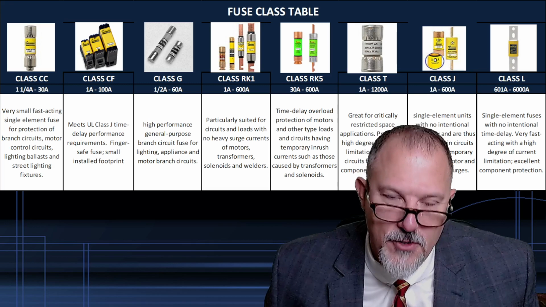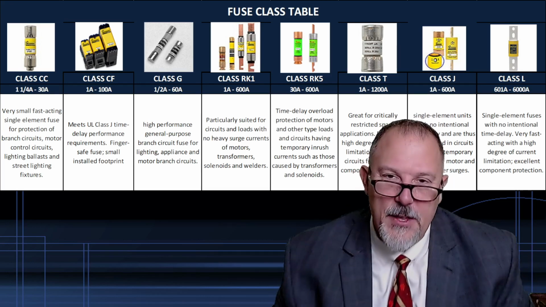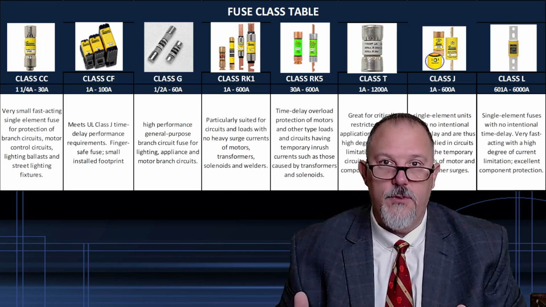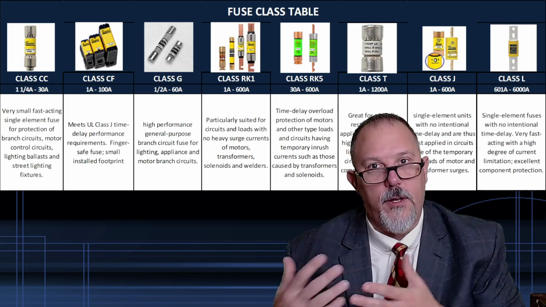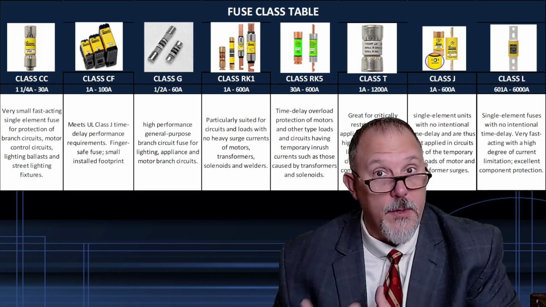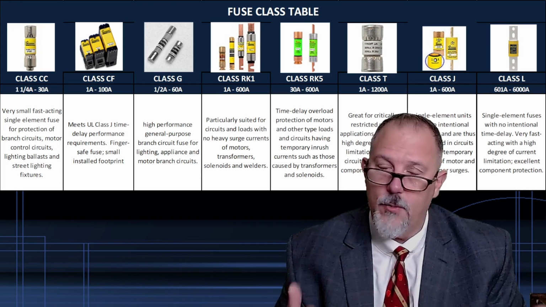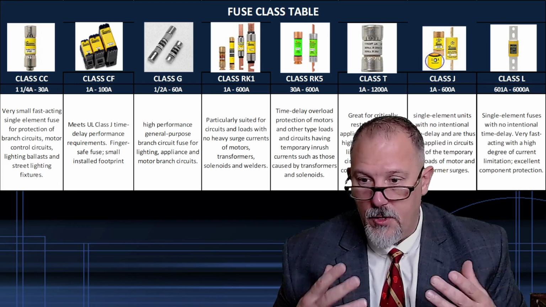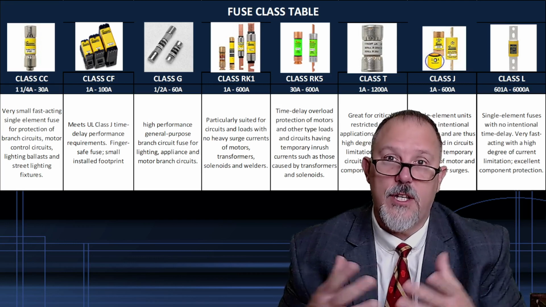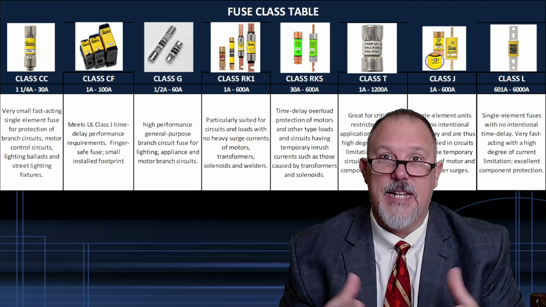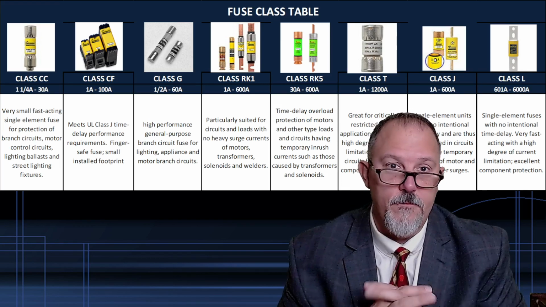We'll show you pictures of it. In any case, a time delay fuse is what you would use typically on motors and transformers, something with an inrush. Non-time delay fuses, fast-acting fuses, however you want to call those, are fuses that don't have a time delay built into the trip curve.